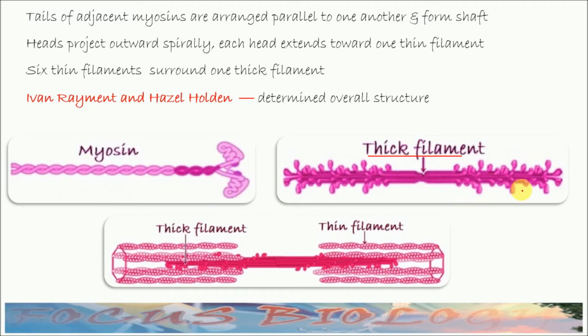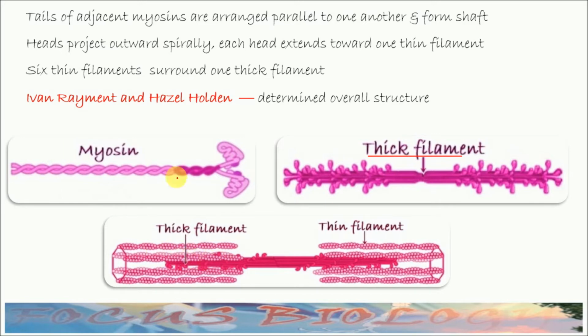These are the S1. They protrude from the shaft in a spiral manner, and this S1 remains in contact with the thin filament.